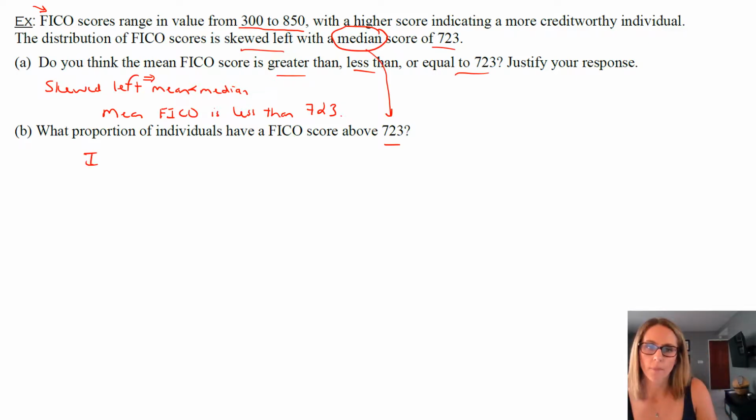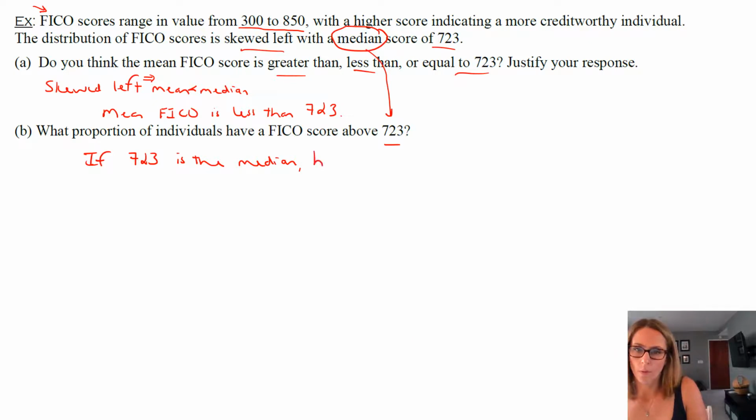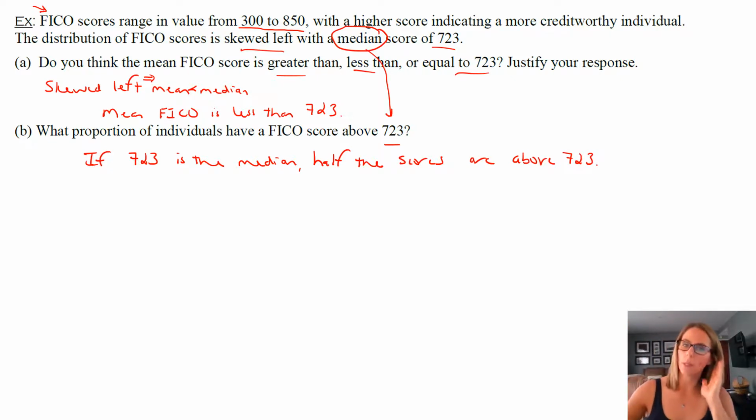So if 723 is the median, half the scores are above 723. Okay, that is not a guarantee with the mean, but that is a guarantee with the median.